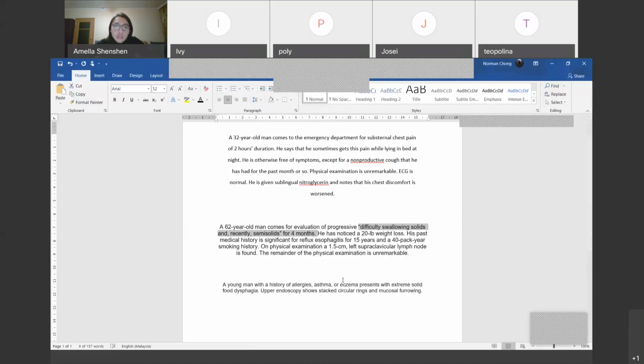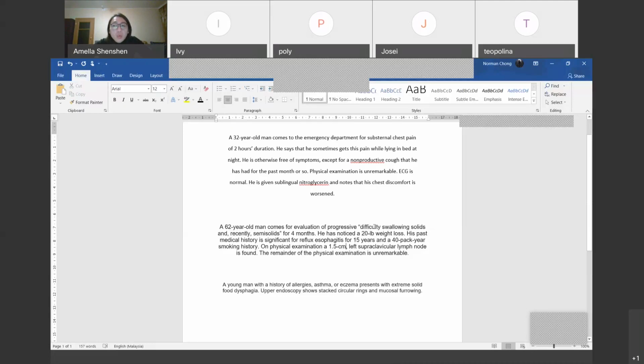They are classified according to the type of food that the patient can swallow. So here, progressive difficulty swallowing solid and recently semi-solid. The more liquid the patient permits to swallow, the worse the dysphagia is. Semi-solid is approximately stage 3 dysphagia already.